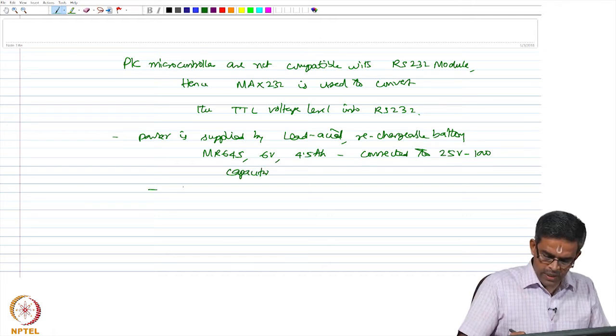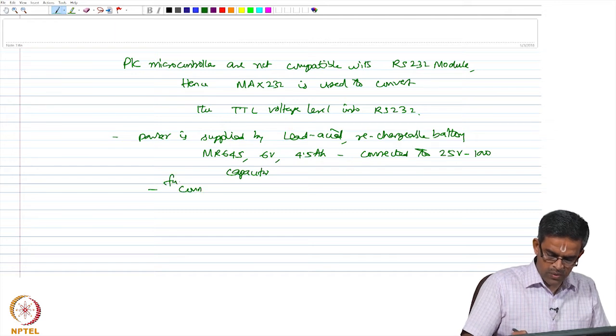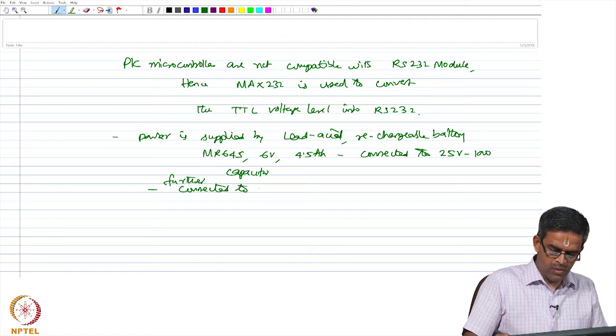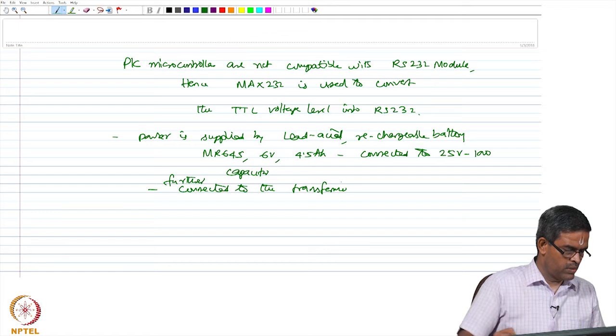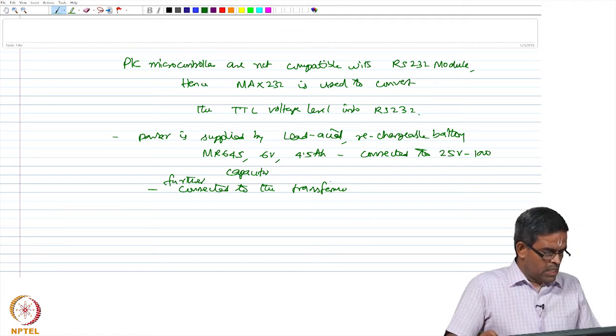This is further connected to the transformer to receive a power supply.